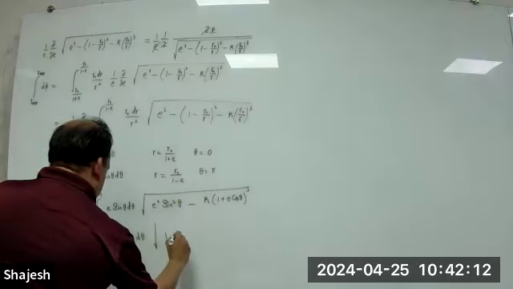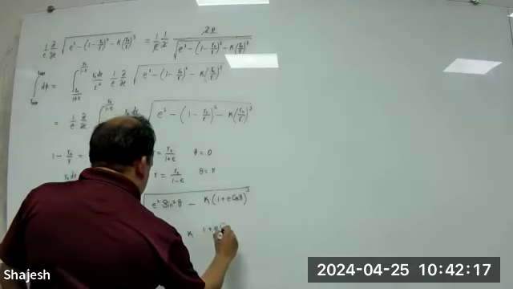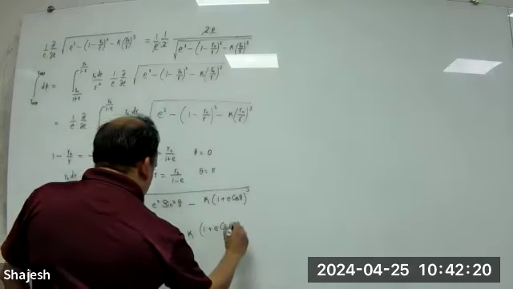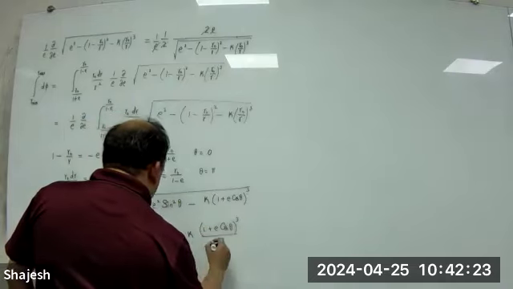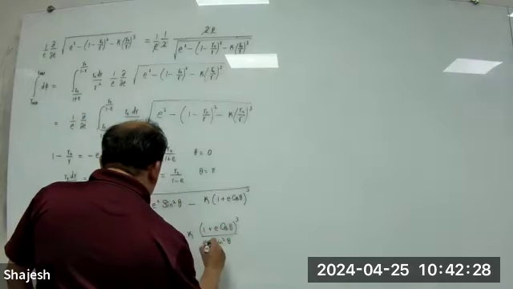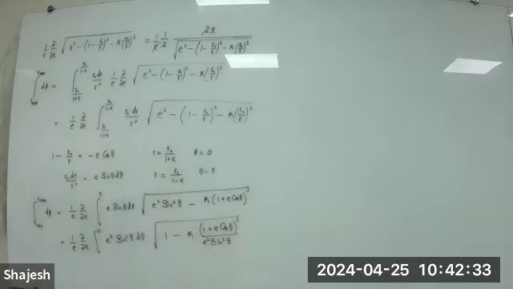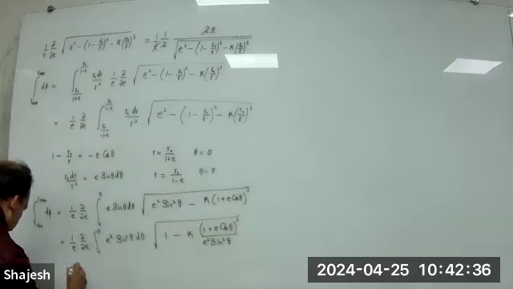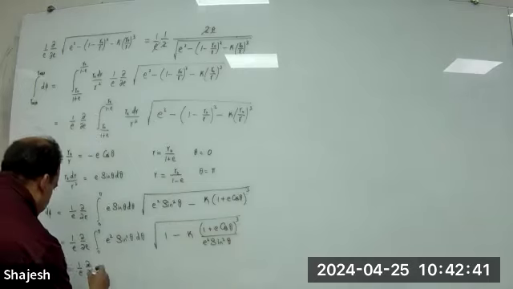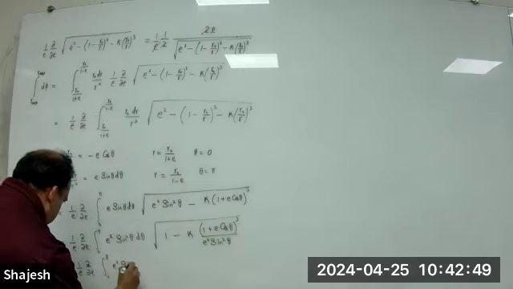So this is 1 minus kappa times (1 plus e cosine theta) cubed over e squared sine squared theta. Do the expansion.